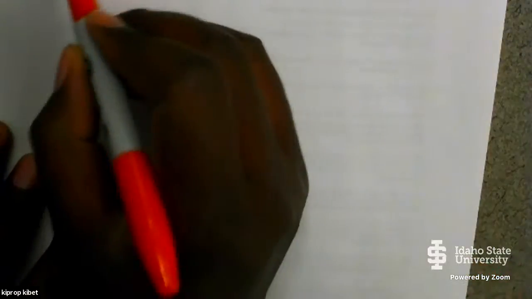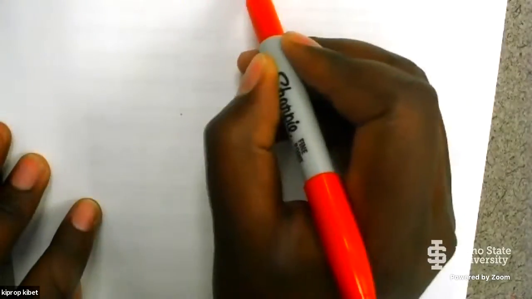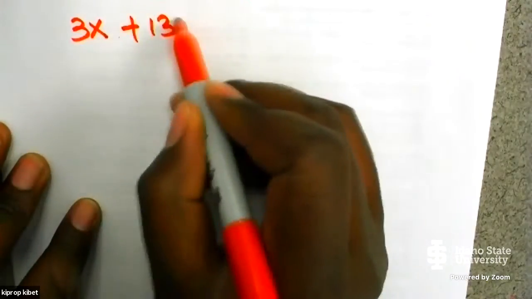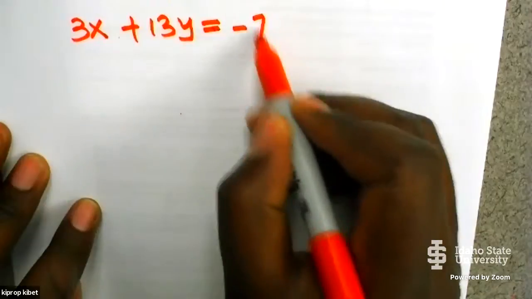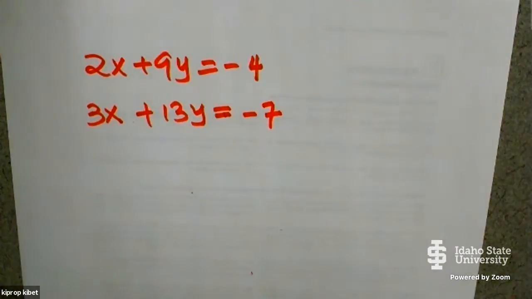Yeah. So we can do another example here. If you're given 2x plus 9y equals to minus 4, 3x plus 13y equals to minus 7. So here again, we can use the elimination method to solve this.